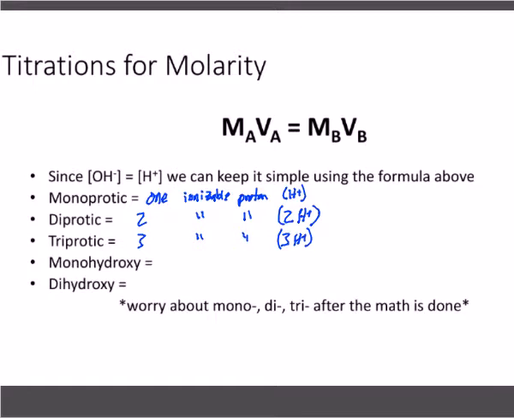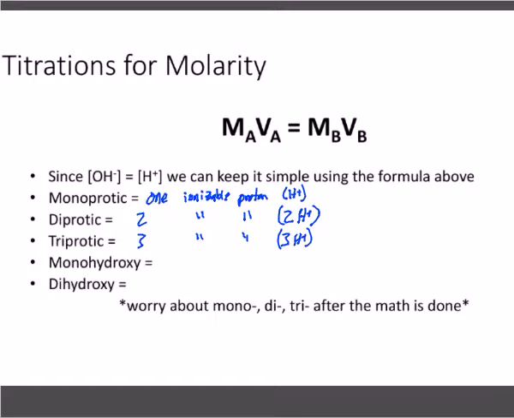Now, what's monohydroxy? Not hydrogen ion, what'd you say? Yeah, guys, that's just the same way of saying, hey, we have a base. It's monohydroxy, meaning you have 1 hydroxide that it's going to produce, or dihydroxy with 2. Okay?